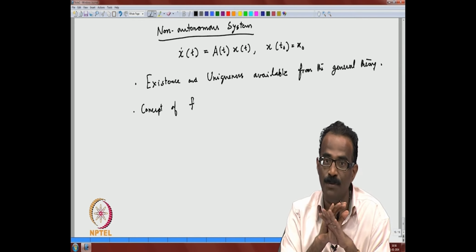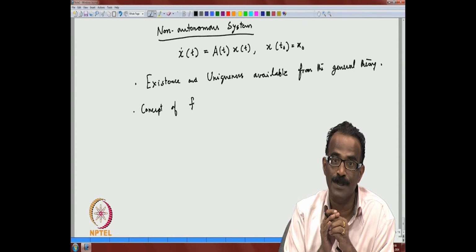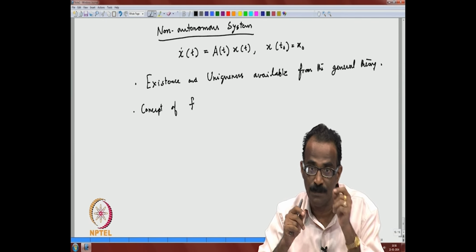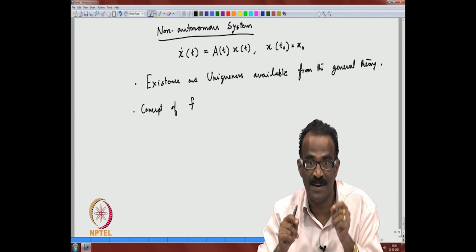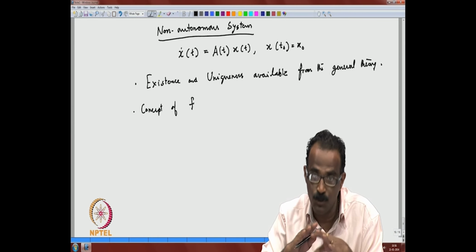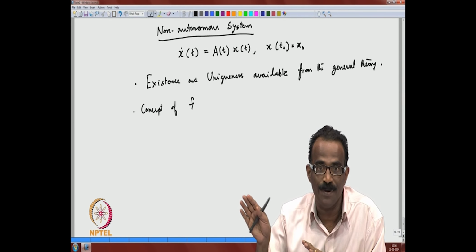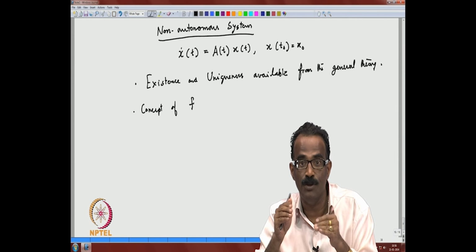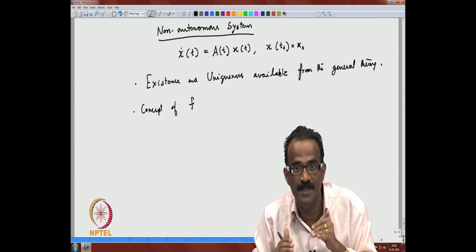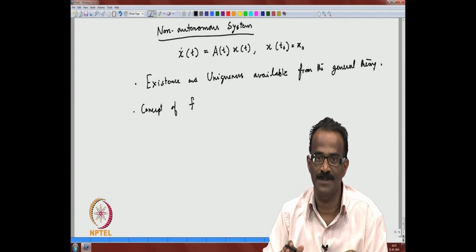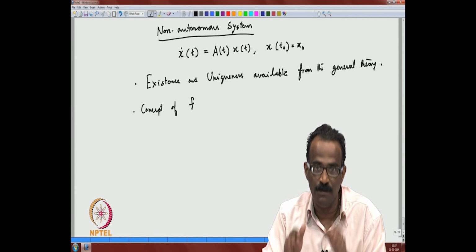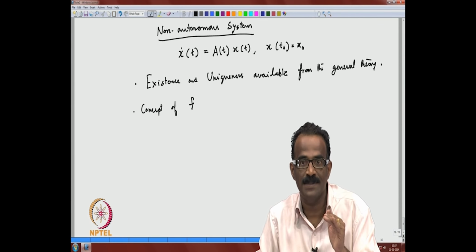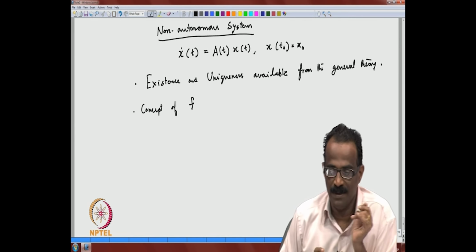You do not have e power t A now, and you cannot find the solution at t naught equal to 0 and then translate it, because of the non-autonomous system, which you will see in a more elaborate way in nonlinear analysis. You cannot just find the solution at t naught equal to 0 and then translate like phi t minus t naught. That is not available in this case. So if you want to understand at t naught, you have to study directly at t naught. The facility of this kind of translation is not available, which you will see in nonlinear analysis.